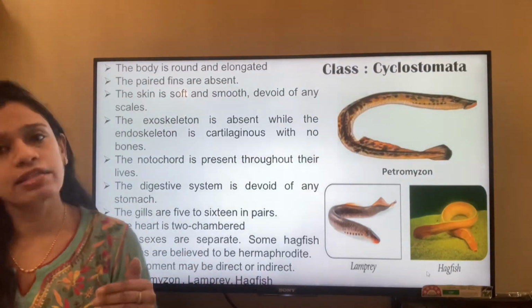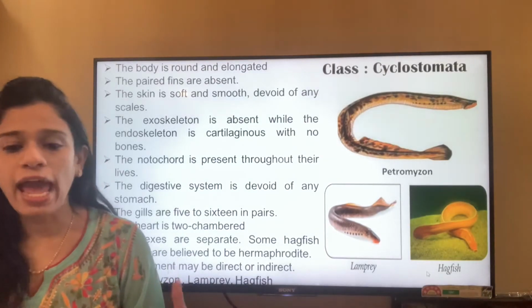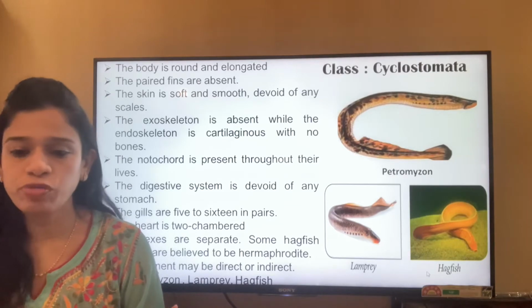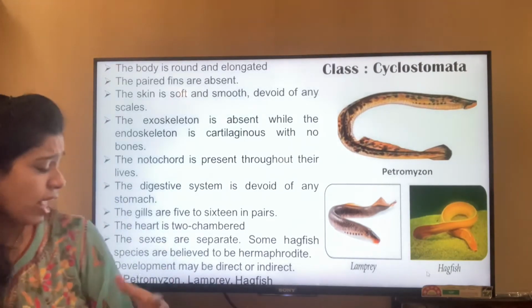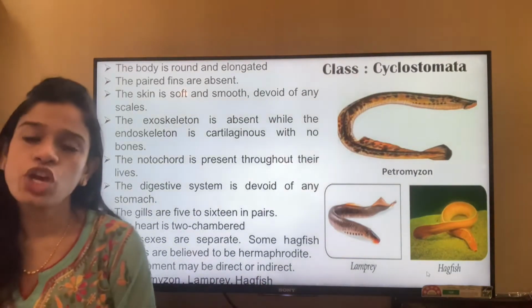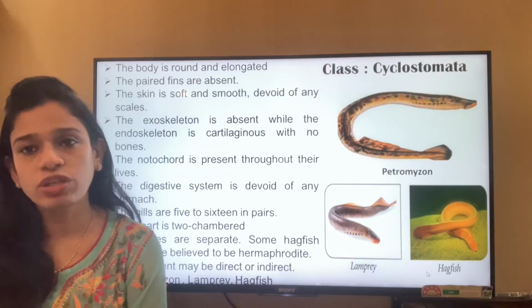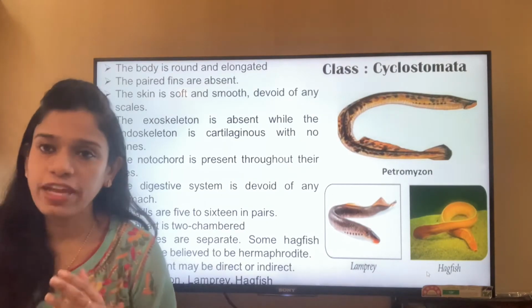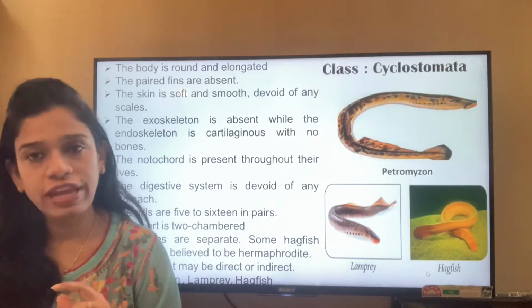The sexes are separate in nature, just like the protochordates or the normal chordates, and some are believed to be hermaphrodite. Development may be direct or indirect. The examples are petromyzon, lamprey and hagfish. So this is the most primitive type of the vertebrates. They are totally marine in nature. They do not have any bones, only cartilage, and they do not have any scales.